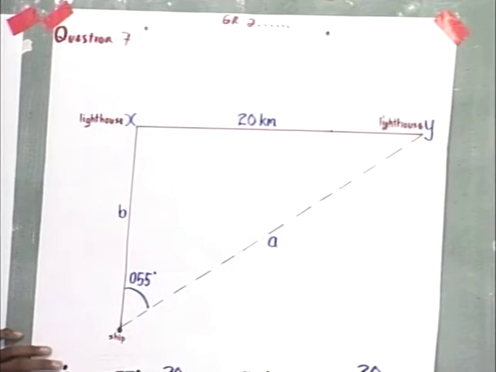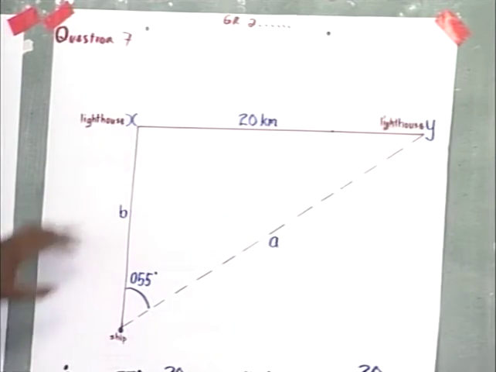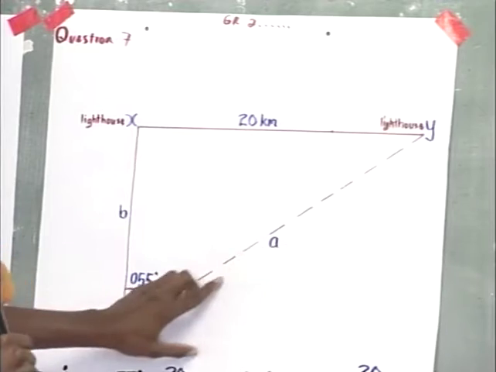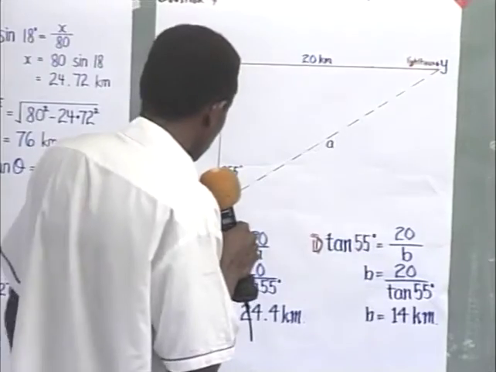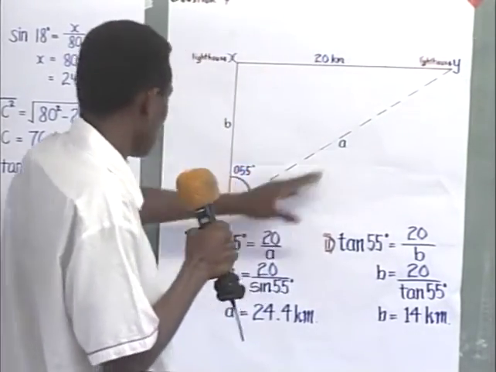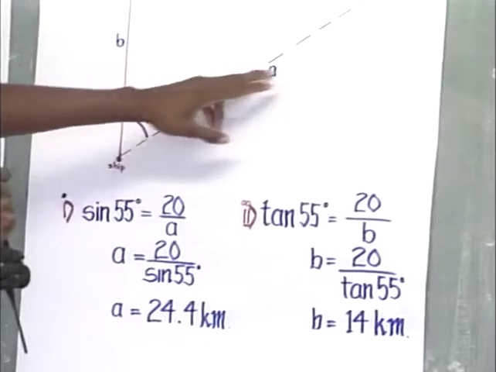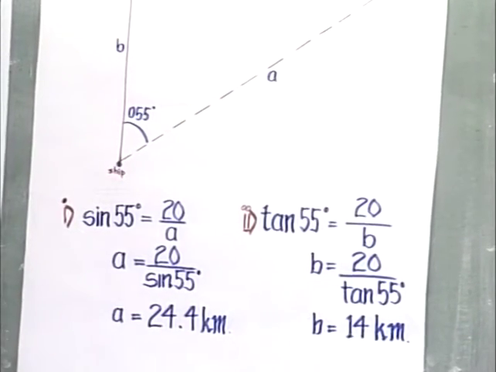So the question is, find the distance of the ship from Y, this distance A. We use sine 55 degrees equals 20 kilometers over this. To find A is 24.4 kilometers.